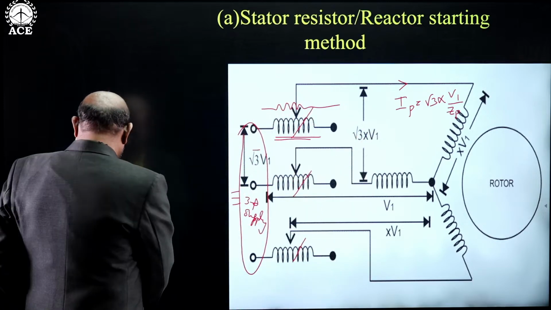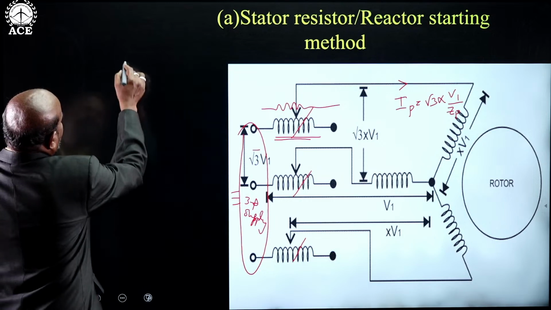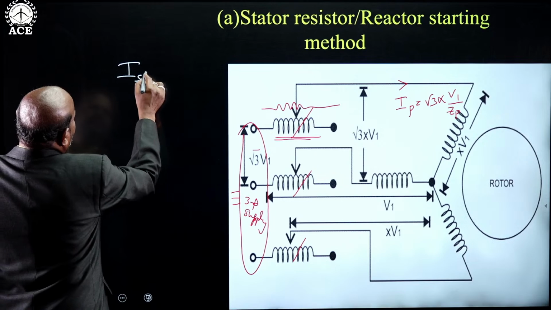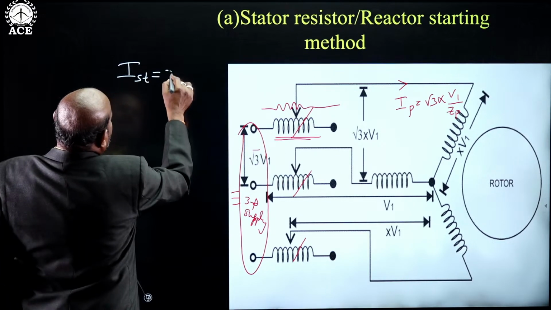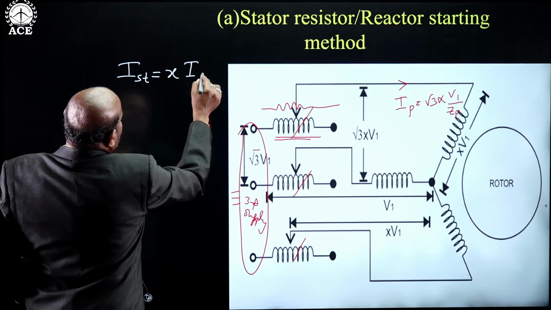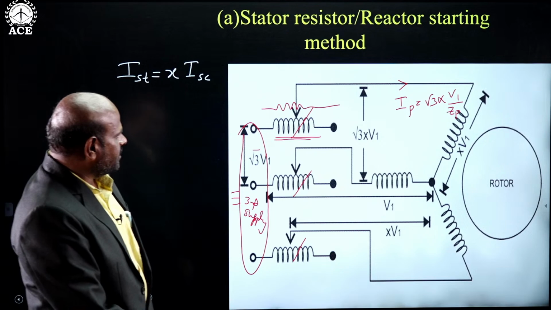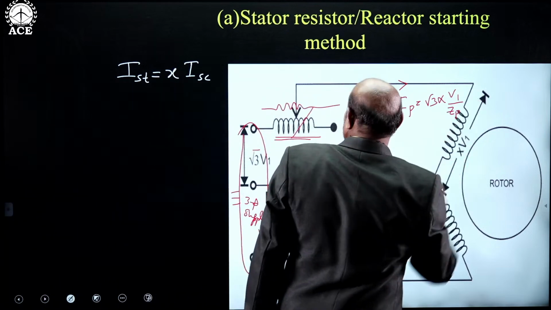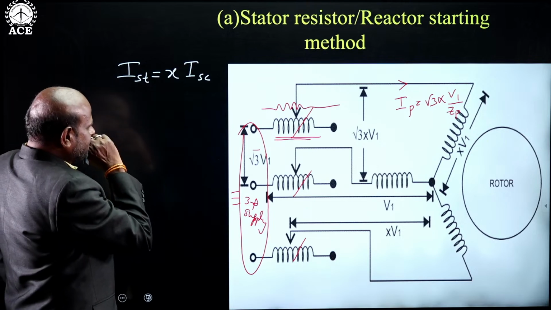Therefore the starting current in this method will be X times the full load or short circuit current. Phase current means we can take the short circuit current. So IST is equal to X times ISC.